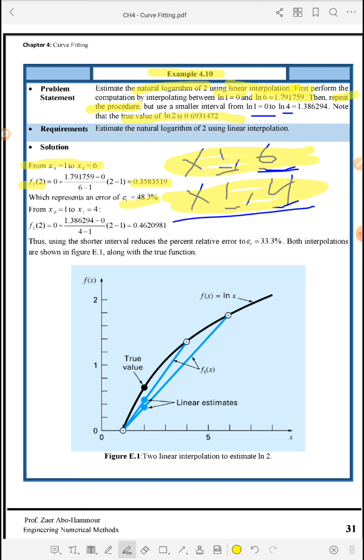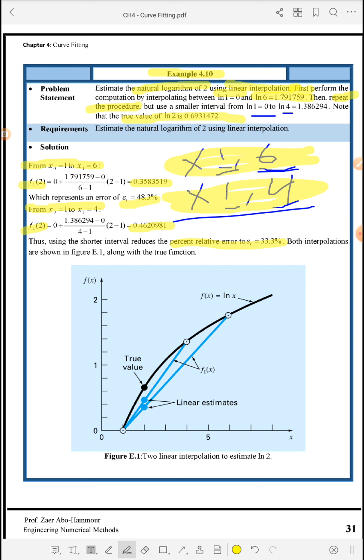Of this true error, the true relative percentage error is 48%. Between the other pair of data points, x0 and x1, between 1 and 4, we have the same calculation for f1 at x is equal to 2. We have this value, and the true percentage relative error is reduced to 33% from 48%.